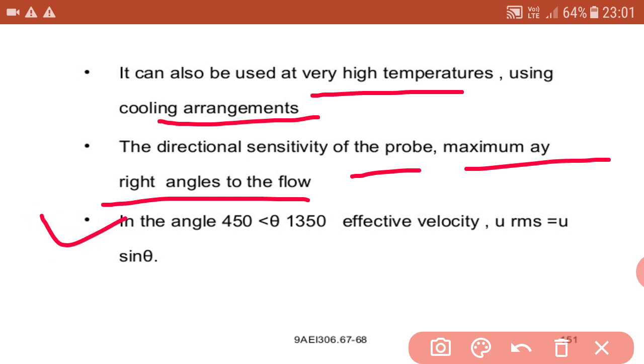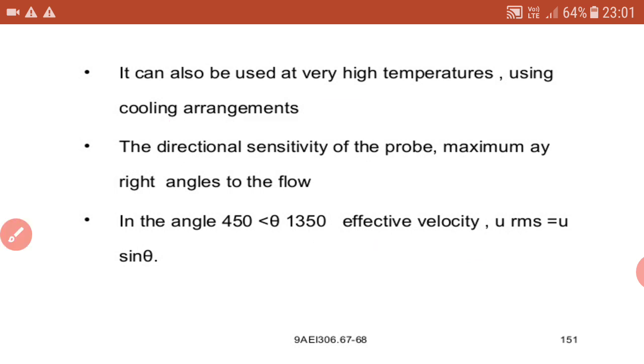For the angle 45° less than theta less than 135°, the effective velocity URMS is equal to U sin theta. So these are the conditions for angle and all these things.